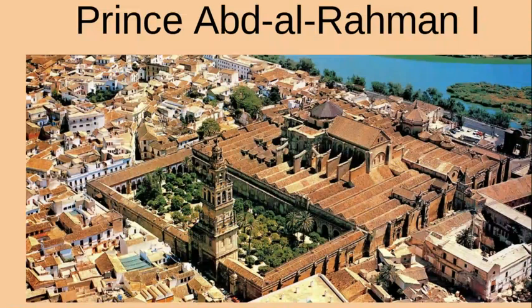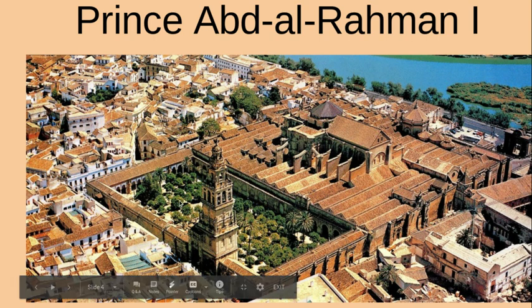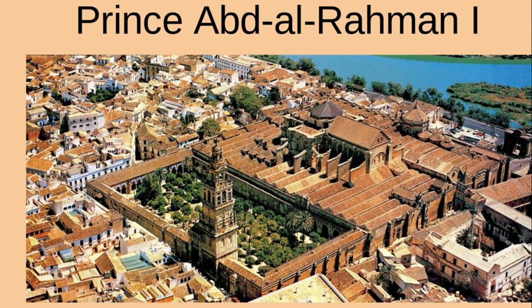Trying to create this new Damascus, he even tried, and succeeded, in importing orange trees from his former home, which you can see a little bit still here in this courtyard. They would not be growing natively in Cordoba. So he really had this vision of creating a mosque and a city that would rival, if not outshine, Damascus.